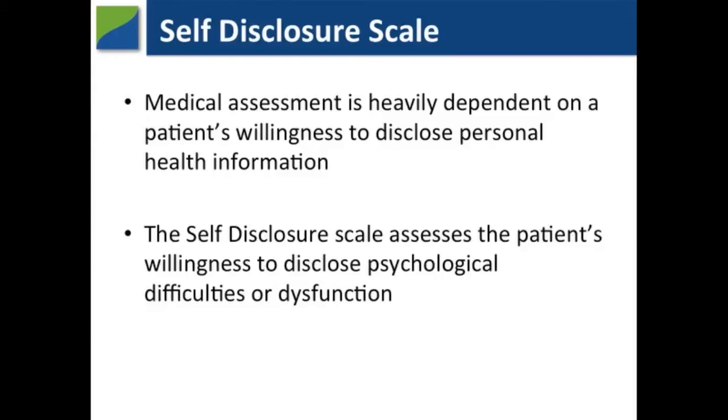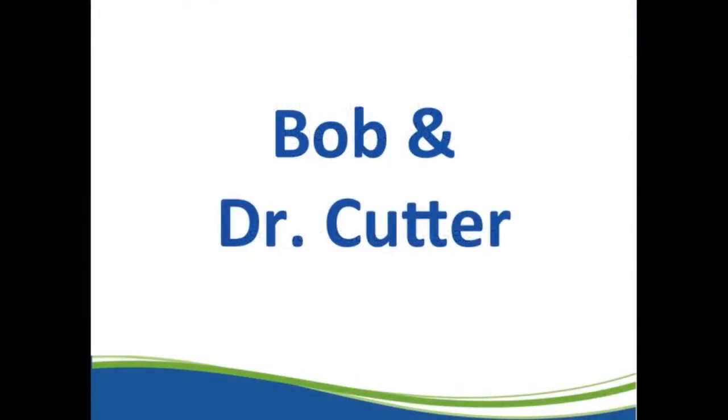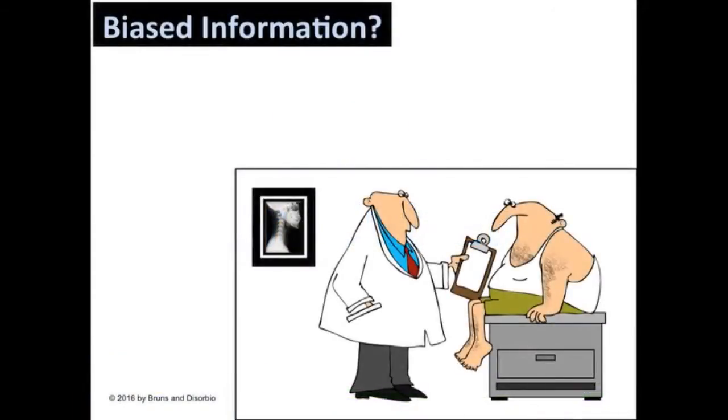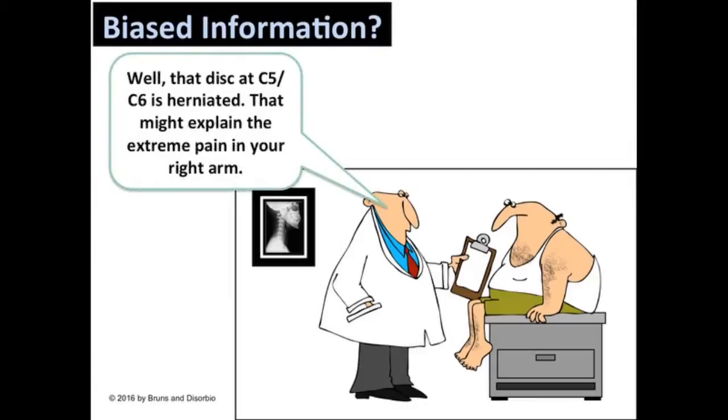Now, some of these things are a little bit abstract, and so we're going to use a cartoon, which I call Bob and Dr. Cutter. So Bob goes to see his surgeon, Dr. Cutter, and they have various conversations. So here we have Bob and Dr. Cutter in the exam room, and Dr. Cutter says, well, that disc at C5, C6 is herniated.